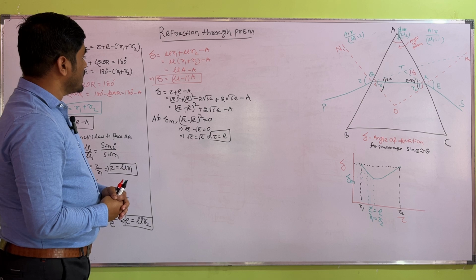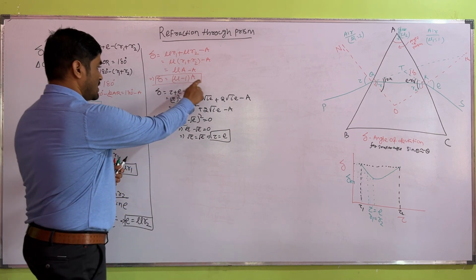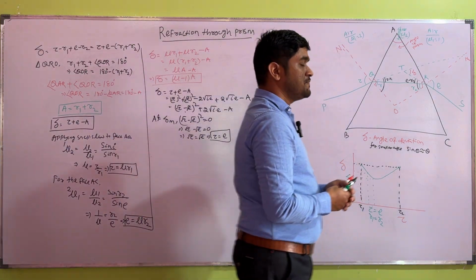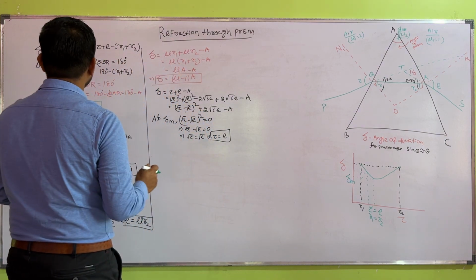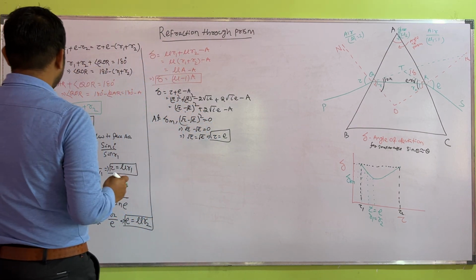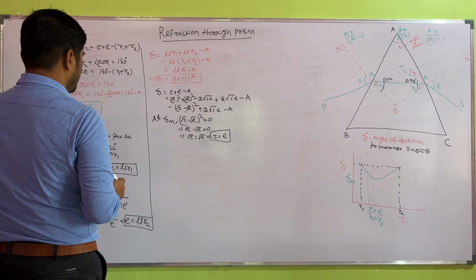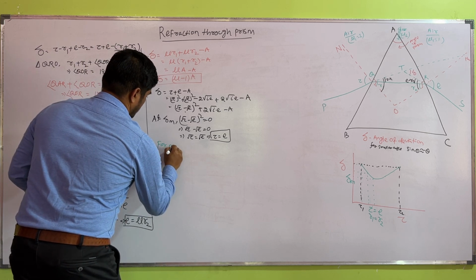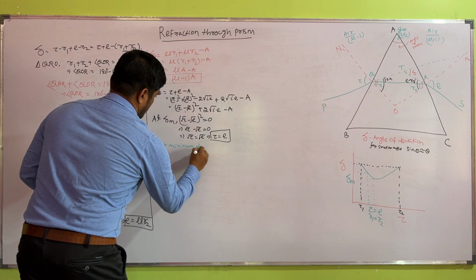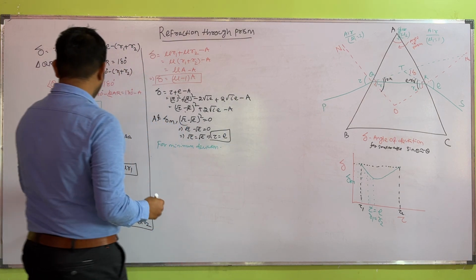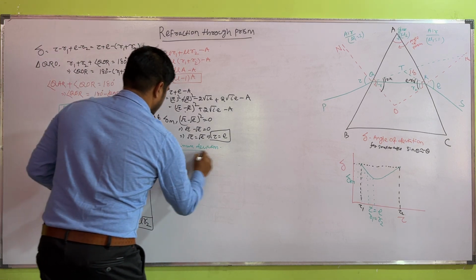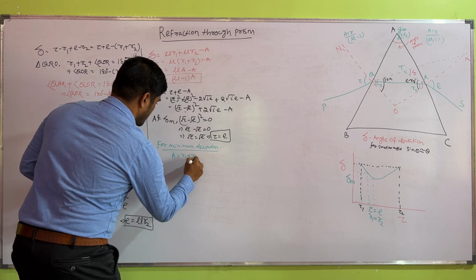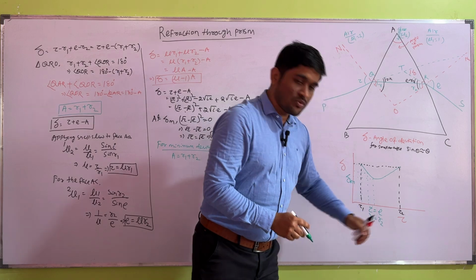So now the angle of minimum deviation. For minimum deviation, from this equation, A is equal to r1 plus r2, and at minimum deviation r1 is equal to r2.